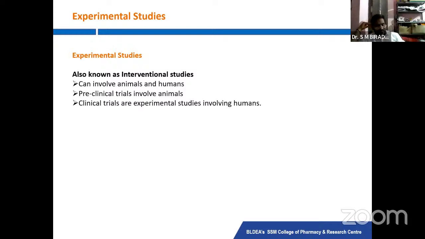So what exactly happens in these experimental studies? Suppose you want to see the effect of adrenaline on an isolated heart. Simply I cannot know. We have studied the theoretical part: when you give adrenaline to the heart, the rate and force of contraction increase.